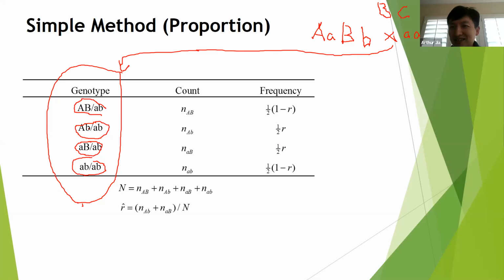Suppose you have two loci, you can divide this big N, 1,000 progeny, into one of these 4 categories, right?